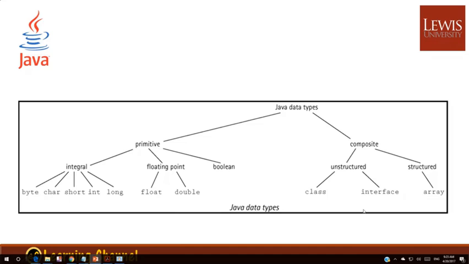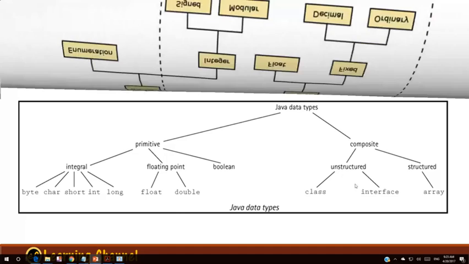So that's why we have the special tutorial on that. And for structured data types, we have array, and that is the single data type we have in Java to support that. And in terms of the record, Java doesn't have that. Java just has class, and class is actually good enough to replace records and structures.